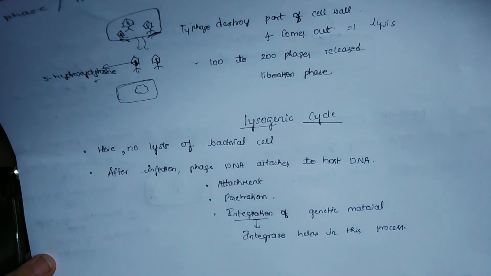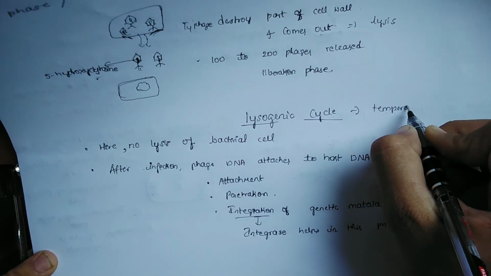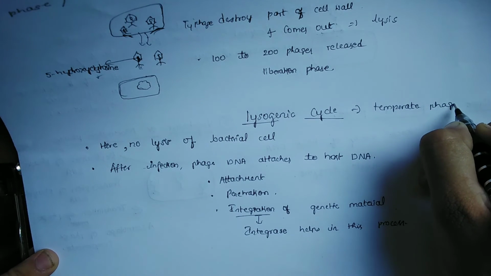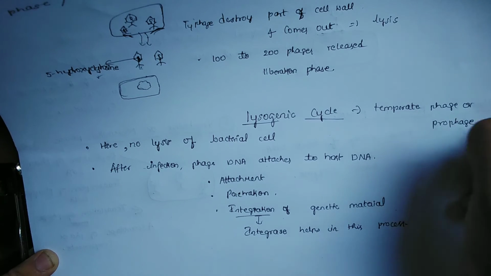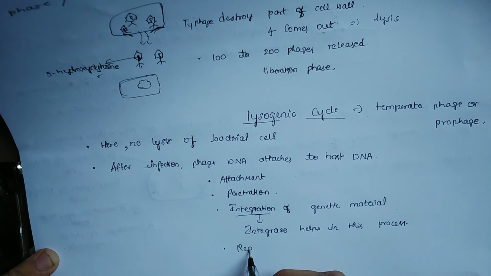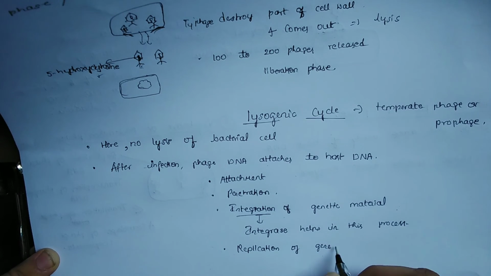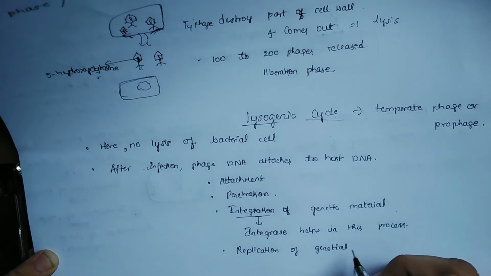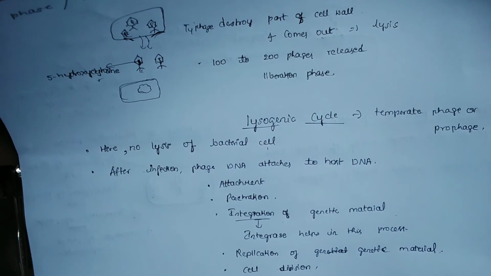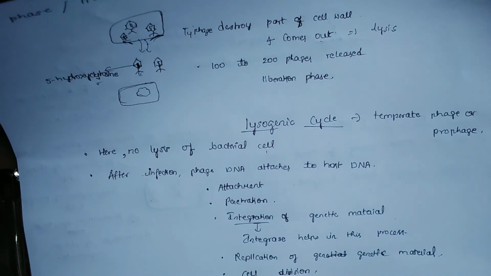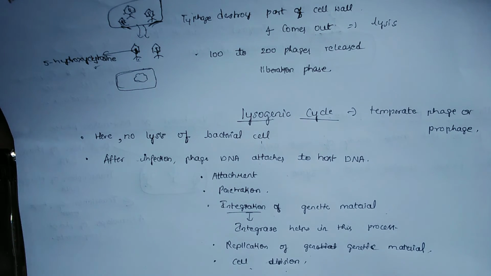After this, these phages are called temperate phage or prophage. After this, replication of genetic material takes place and cell division occurs.